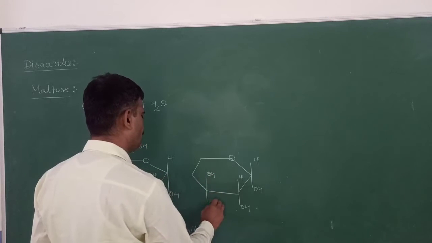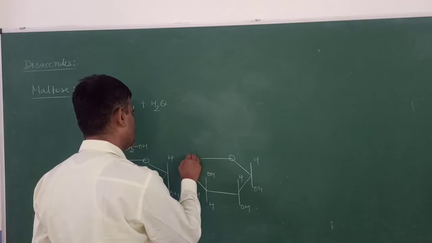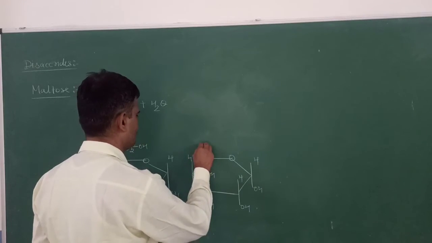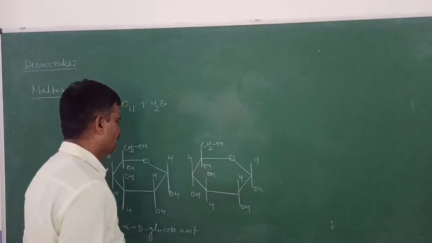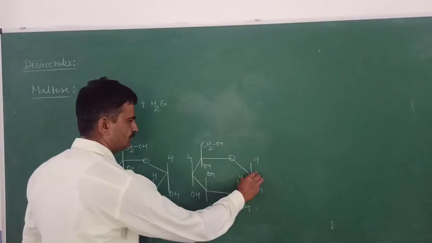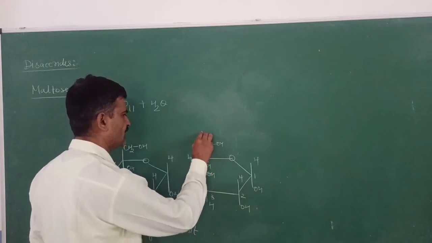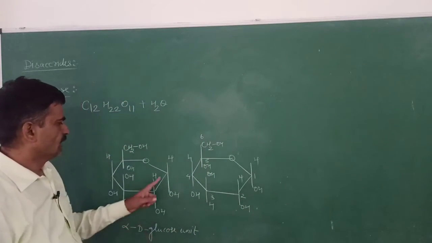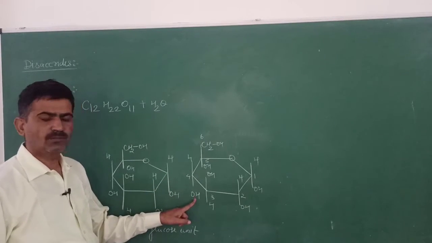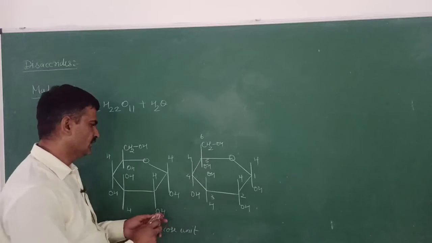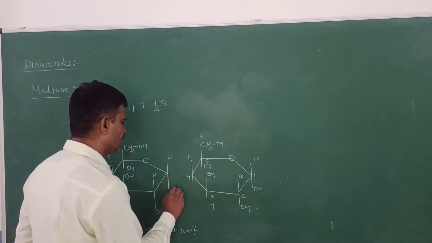There is a change in configuration at carbon number 3. This is carbon number 1, 2, 3, 4, 5 and 6. This is the first carbon of one glucose unit, and this is the fourth carbon of the other glucose unit. These get condensed to form a glycosidic linkage.